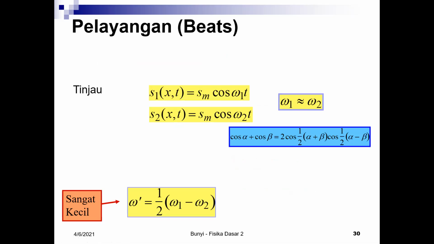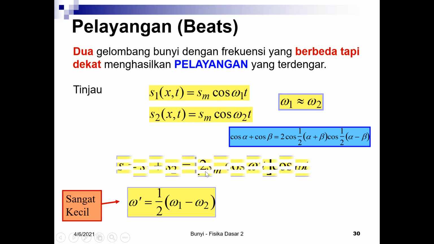We have also discussed about beats. Beats are something like the superposition of two displacements. They have the same amplitudes but different frequencies, different angular frequencies. So omega prime here is the lower frequency of this one.